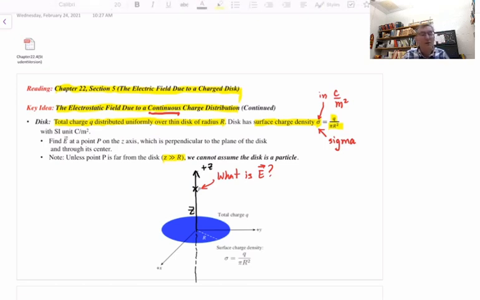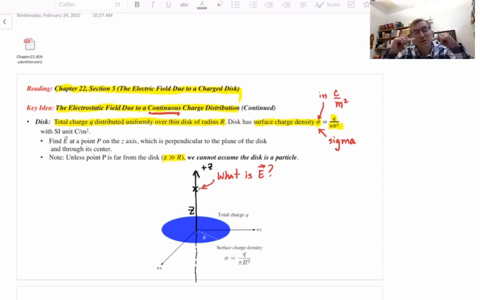Instead, we're going to have to do the three-step process for a continuous charge distribution, which I talked about in the previous video lecture and in the previous class. The three steps for finding the electric field of a continuous charge distribution are: after you realize that you can't treat that distribution that you have as a particle, you imagine, step one, dividing up the object into an infinite number of infinitesimal pieces.